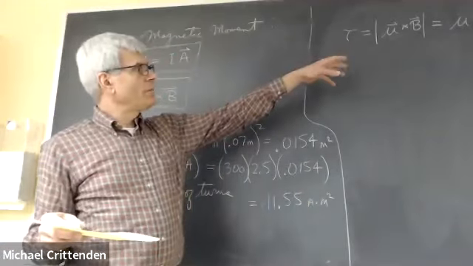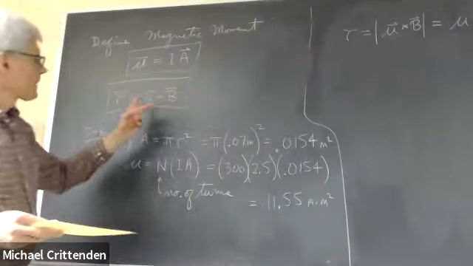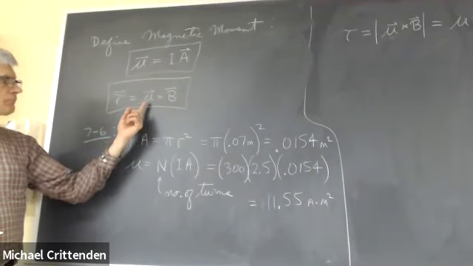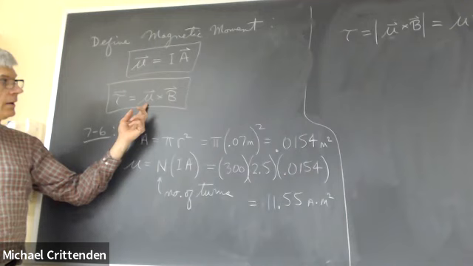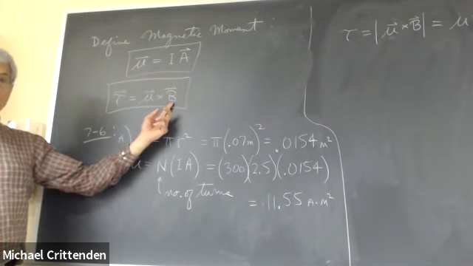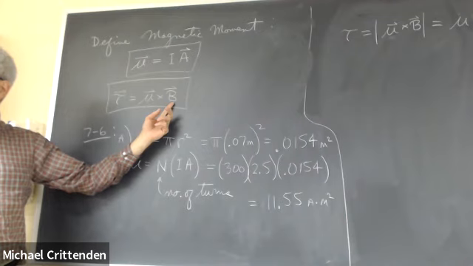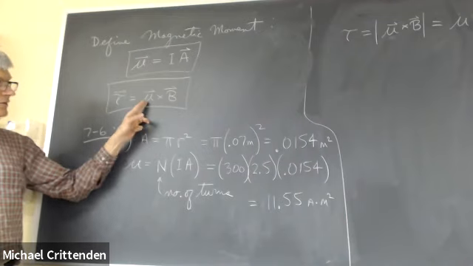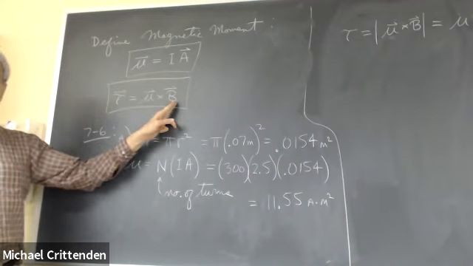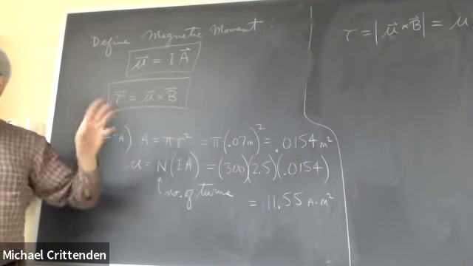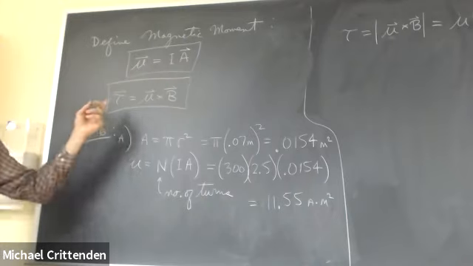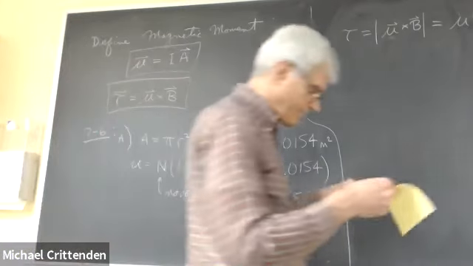Just for what does this all mean? Basically, mu is how strong of a magnet is the coil, and B is how strong is the magnetic field that that coil's been placed in. So how strong of a magnet is the coil? How strong is the external field? And those two things together with the angle between them is what determines the torque on the thing.